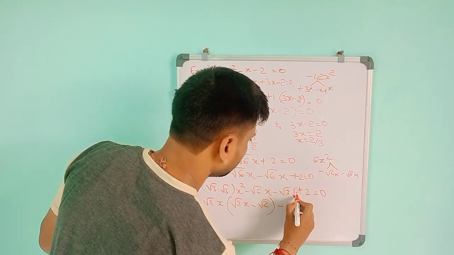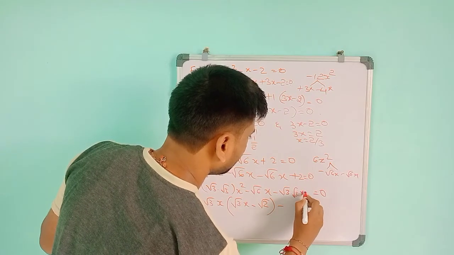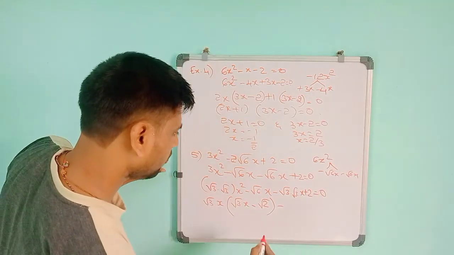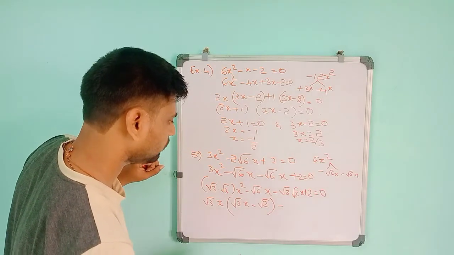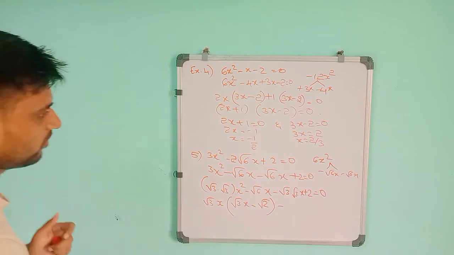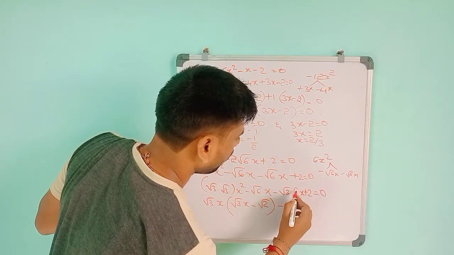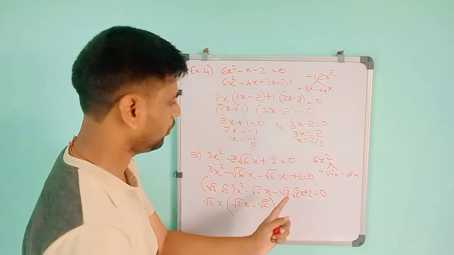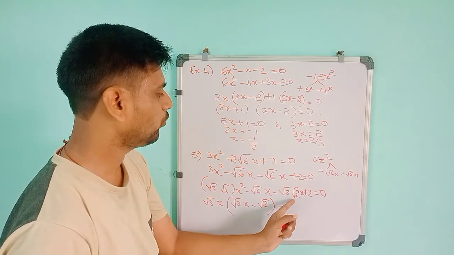So minus root 3 root 3 x minus root 2. Oh, 6 is there, no? Yeah, 3 is there, so you have to multiply by 2. Then only root 6. Root 3 into root 2 is 3 into 2, which is 6. So root into root is root only. Root 3 into root 2 means root 6.